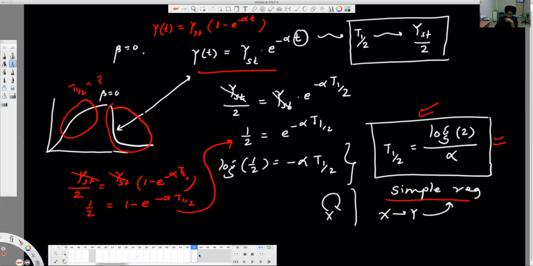Now I have a question: what will be the response time for a stable protein?